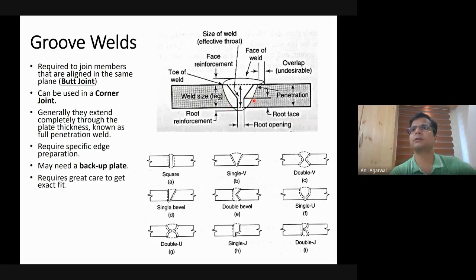And that backup plate, you can leave it in place. Codes don't force you to remove the backup plate, but leaving any such extra materials in place is bad for the health of the weld, because all such plates lead to development of cracks in the future. So it is strongly recommended that you remove any such backup plate afterwards, which is again a very expensive affair. It takes a lot of machining time and consumables and everything.